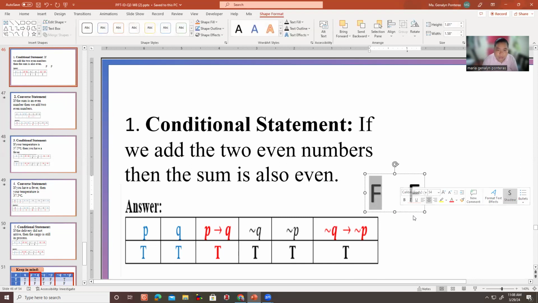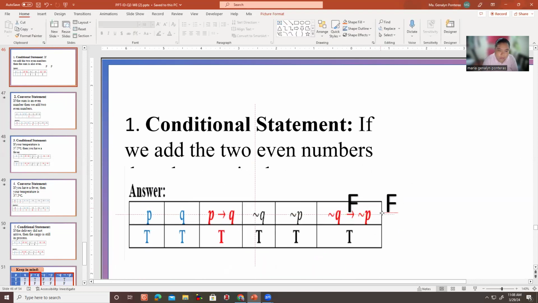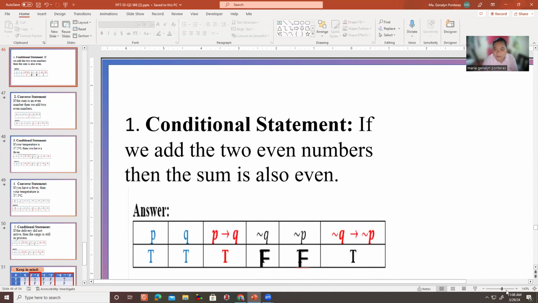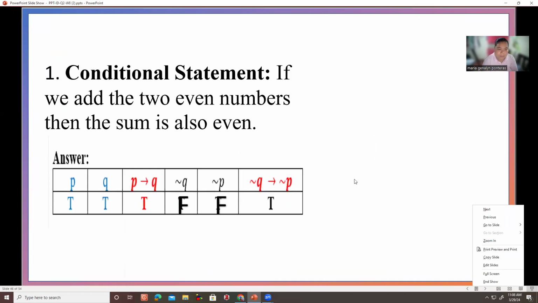Because you're going to negate the statements. Okay. So this is our answer. False, false. Because Q is true, not Q is false. P is true, not P is false.